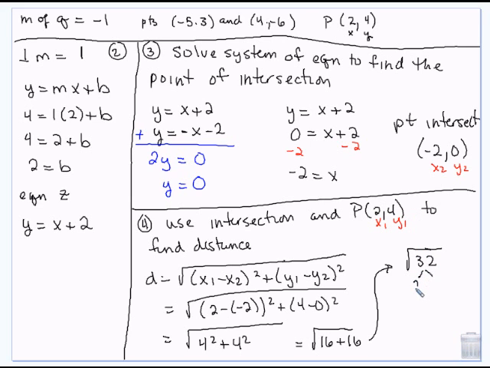If I split that out, that is 2 times 16, and 16 is 4 times 4. So here's my perfect square, and the 2 gets left behind. So my answer is the distance between point P and line Q is 4 times the square root of 2.